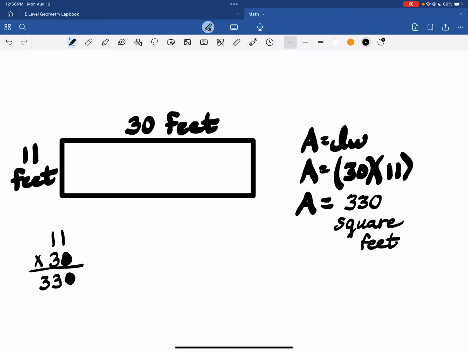And now you're doing some serious geometry. You're doing some algebra using those letters, but those letters mean something. Don't let the letters get you upset. Those letters mean something. And this is just a short form of saying the area equals the long side multiplied by the wide side.